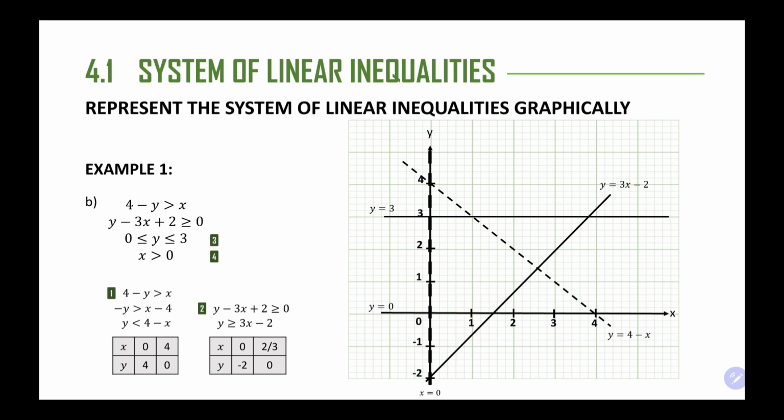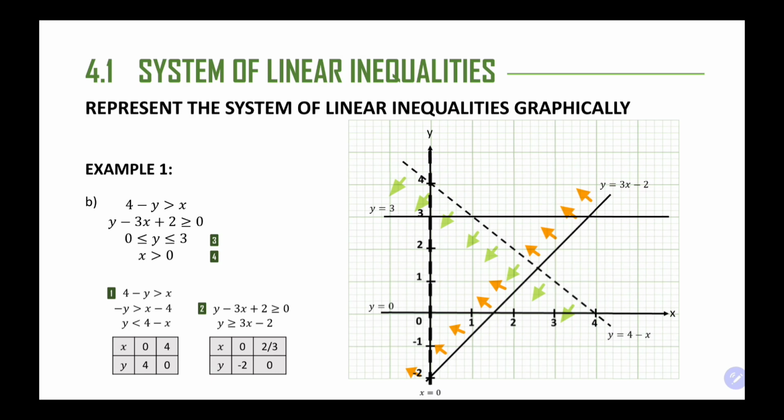Okay. And next, we determine the feasible region. First line is y less than, which means below the line. So here, equation 2, y greater than, so it means above the line.